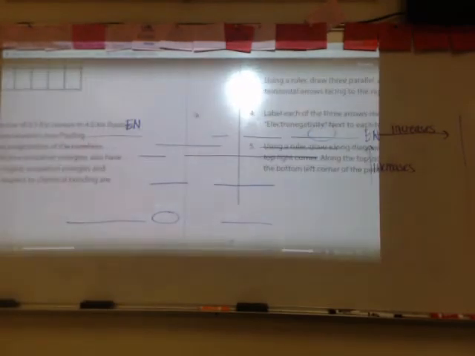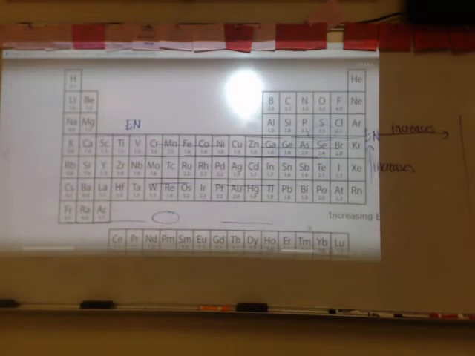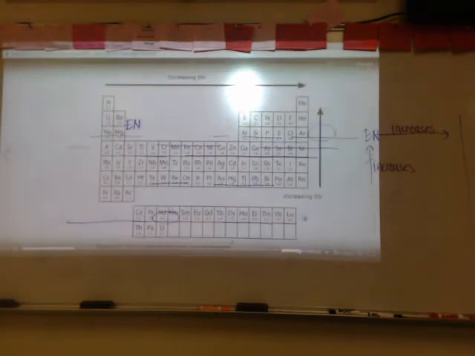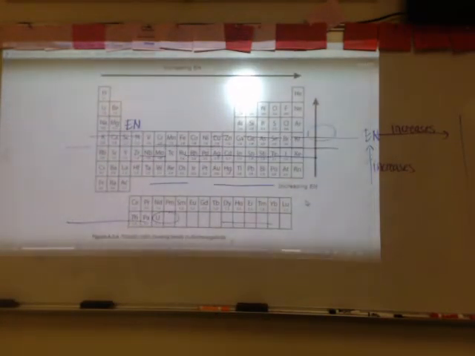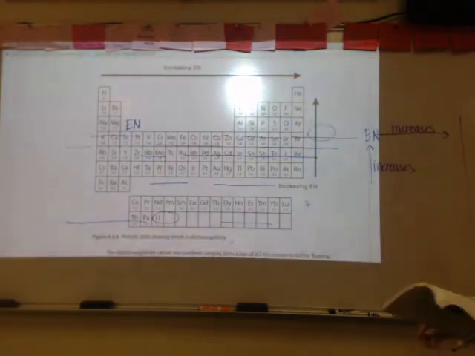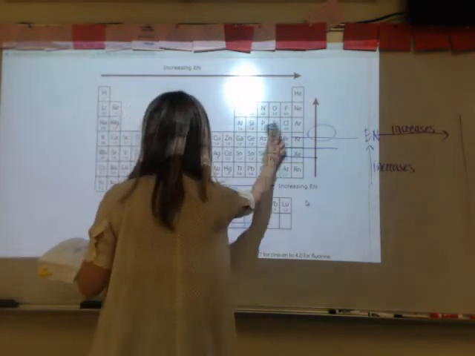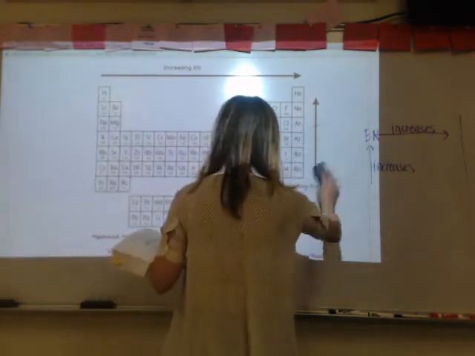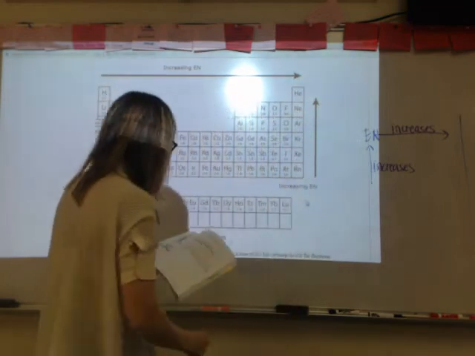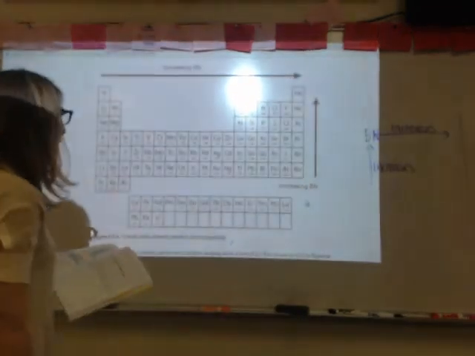So if you take a look at the next page, here you want to earmark this page. You will use this page as a reference for obtaining the electronegativity values for further sections. You'll notice the noble gases, which are the group furthest to the right, they don't have any electronegativity values associated with them, okay?